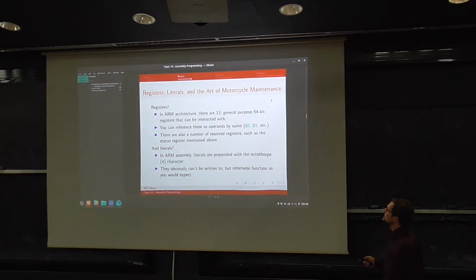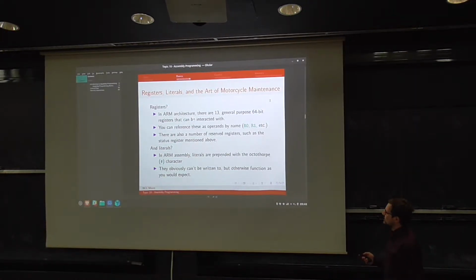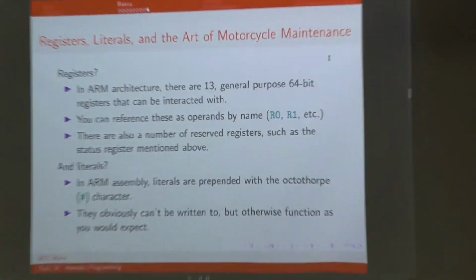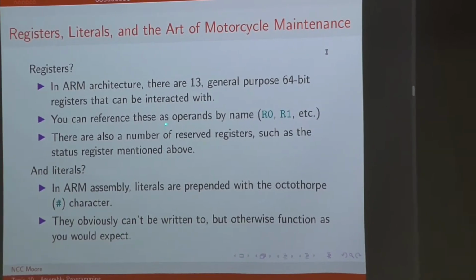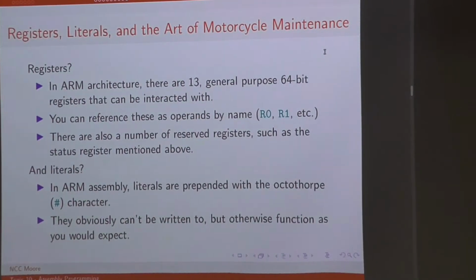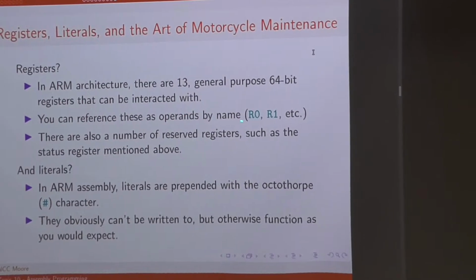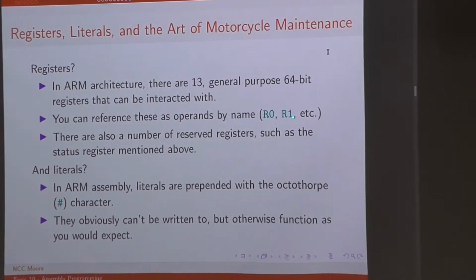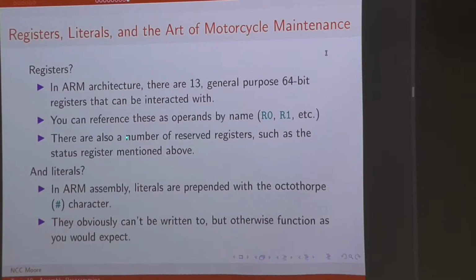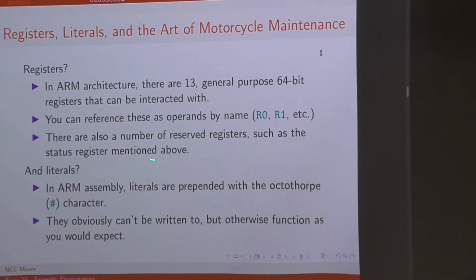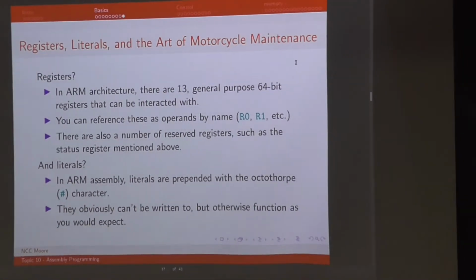So, in ARM architecture, there are 13 general purpose registers, 64-bit or 32-bit depending on the architecture, that can be interacted with. You can reference these as operands by name, R0, R1, etc. There are also a number of reserved registers, such as the status register mentioned above.